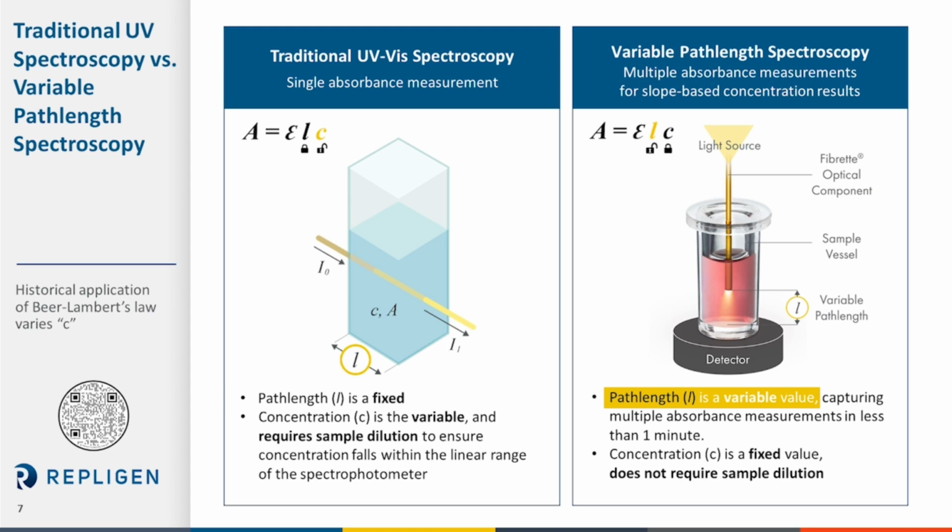The distance or the path length is defined from the bottom of the vessel, or in the case of the flow VPX, the bottom of the flow path, up to the tip of the fibrette. The fibrette is attached to a precision linear stage that allows motion of the fibrette in the sample in real time and collects an absorbance versus path length plot. That relates directly to your concentration by dividing by your extinction coefficient.